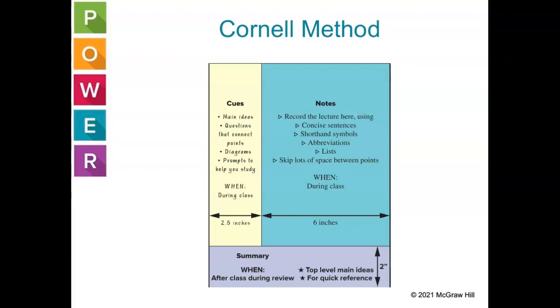And in the purple section is maybe a summary or some things to review after class. So this is kind of segmented, and all of this is to help do 2 things. It's to help you learn the material on a deeper level, and it's also to organize the material so that when you have to review it later, like I said, you don't have to go through the entire chapter.